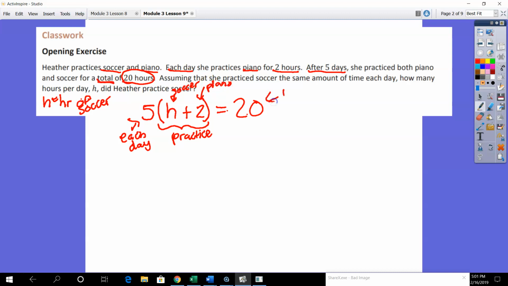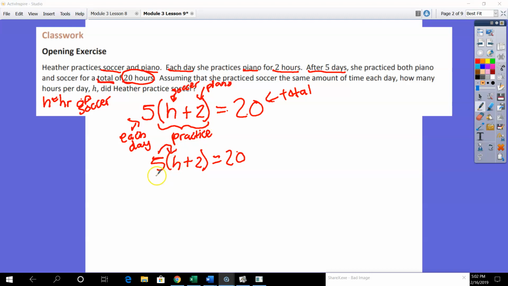And then 20 is the total amount of time. Okay, so just rewrite that so that we can now solve. First thing we need to do here is we need to get rid of these parentheses. So we need to do that distributive property.